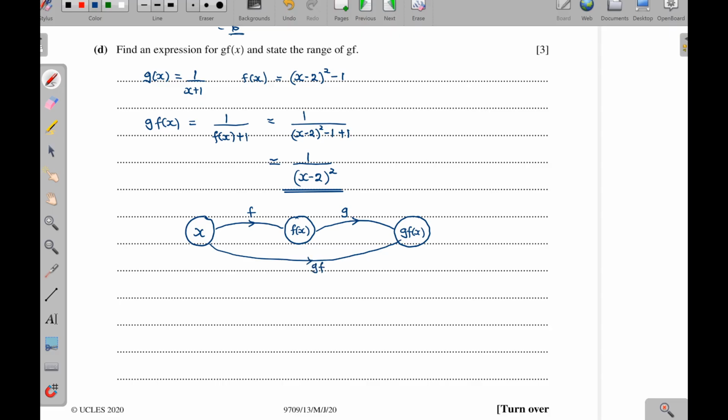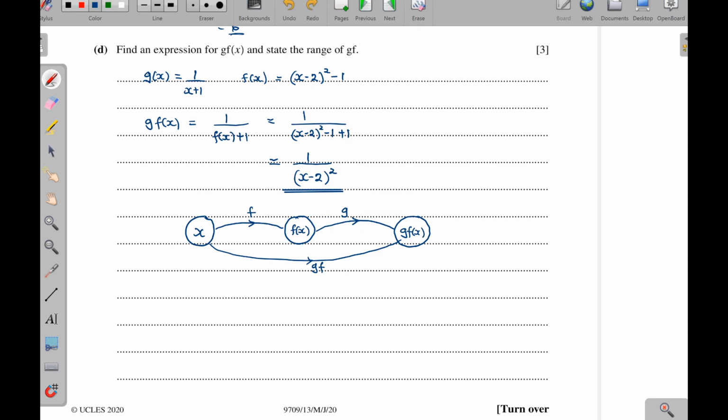So remember, if I'm to put f into the g, then remember what comes out of here. This is the domain of f, this is the range of f. Now what we put into the function has to be in its domain, okay? So the range of f must fit into the domain of g in order to compose f into the g. Does that make sense? What is here must fit in the domain of g such that you substitute in the function of g, then to get the output, okay?